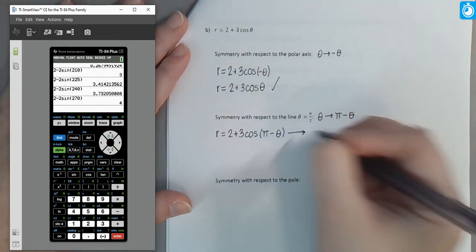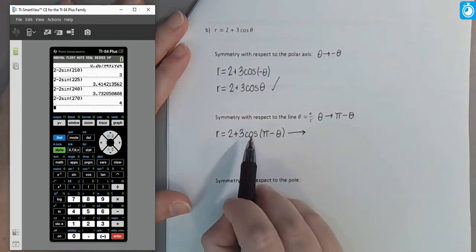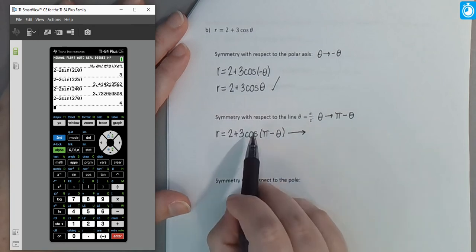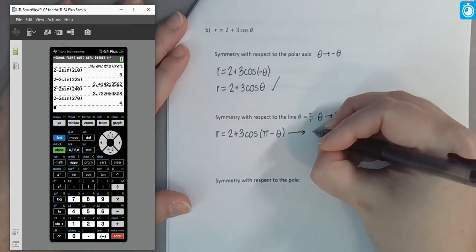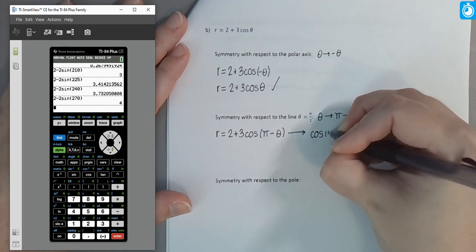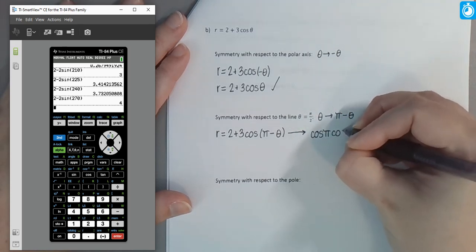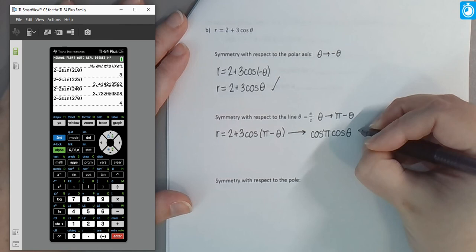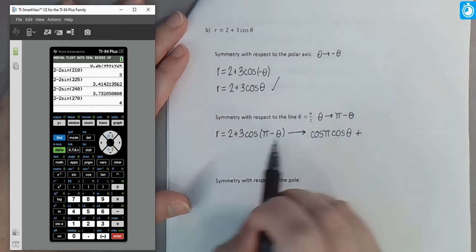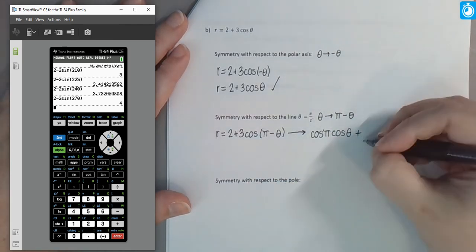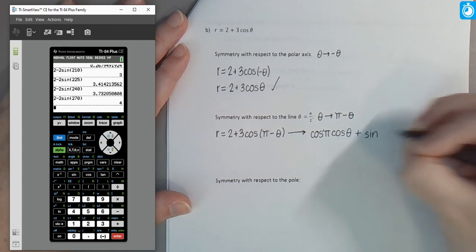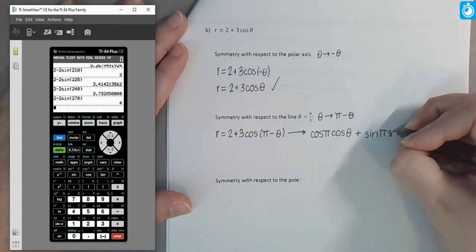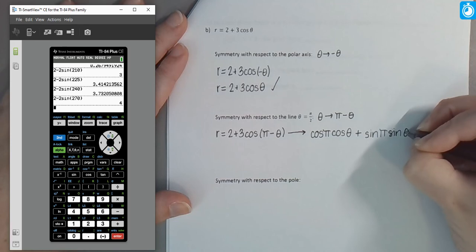I want to go out to the side, and I'm going to see if I can break this down again, using in this case the cosine difference rule. So the cosine difference rule says take the cosine of each value and then flip the sign, so our subtraction becomes an addition, and then we have sine of pi times the sine of theta.